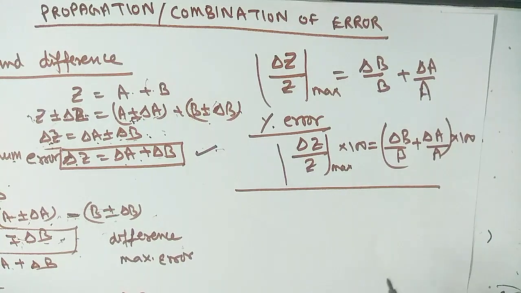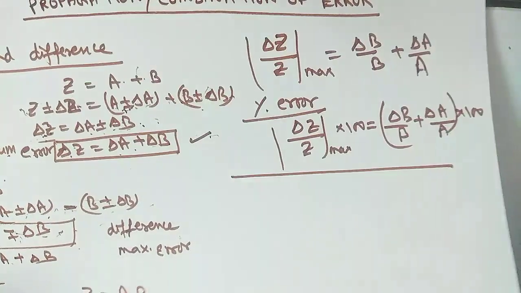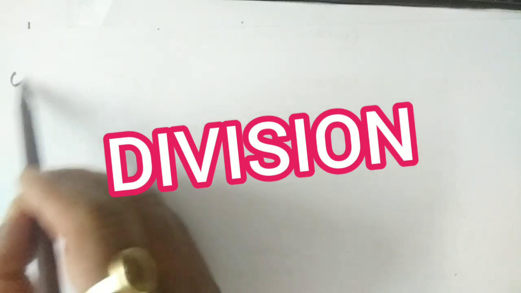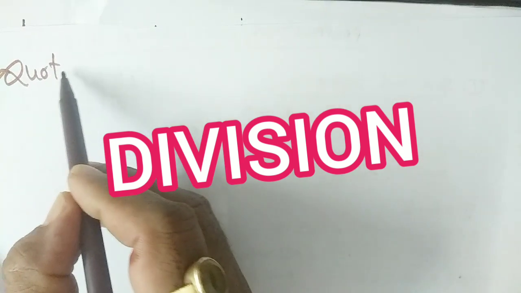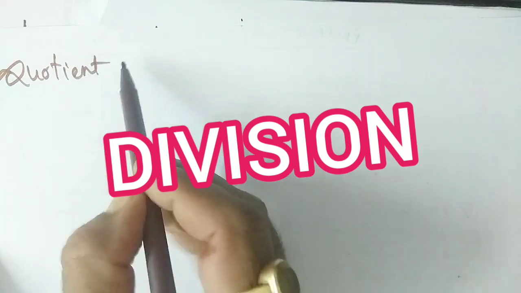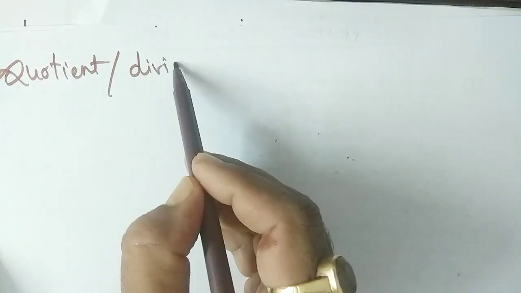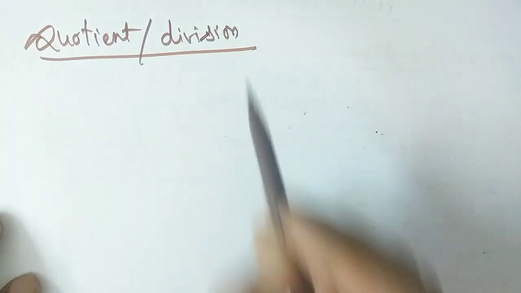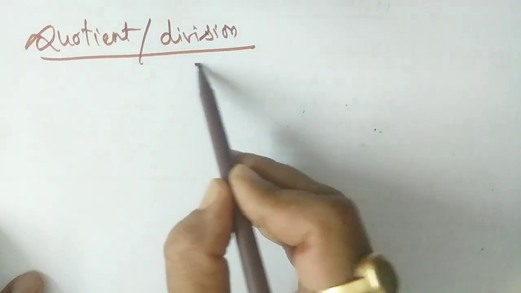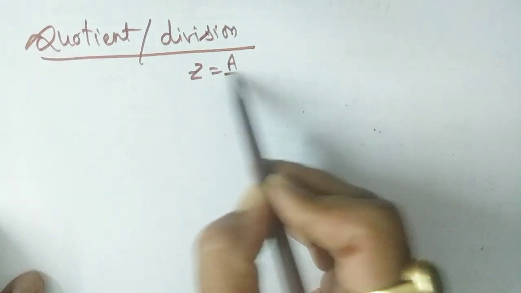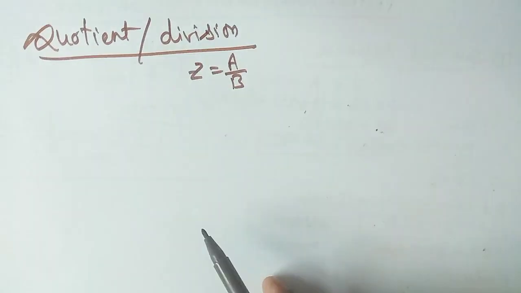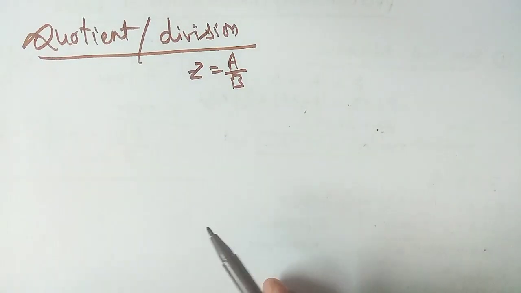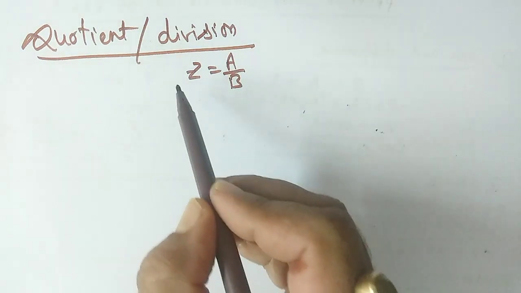Now taking another case, the quotient or division. Okay, I am taking this case. So take another example. Z is equal to A upon B. A and B are the values, one dividing the other.